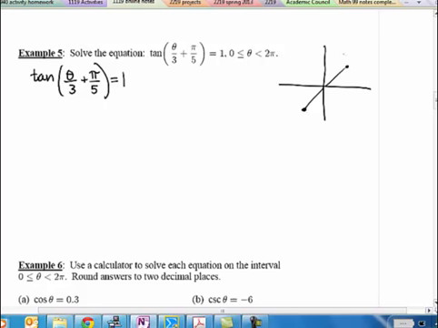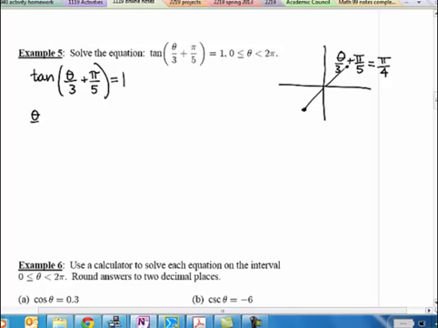So I'll just take this input, it is going to have to be, let's see, pi over 4 in quadrant 1, and then plus any integer multiple of pi added to that.